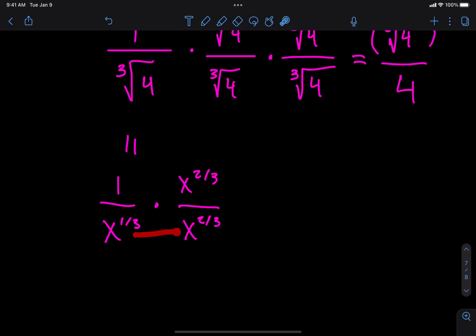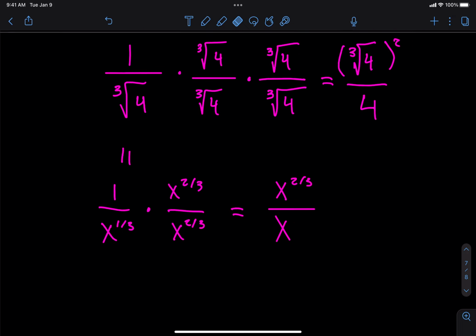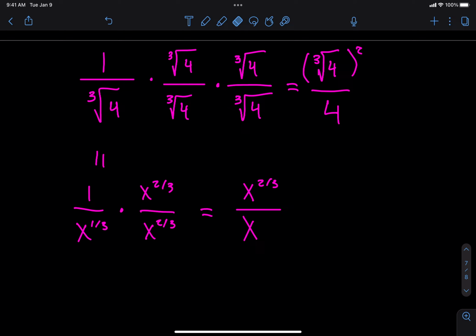Add or multiply? Add, right? Because I'm multiplying 2 different things with different powers. So I would get x to the 3/3 in the denominator, and then in the numerator I'd have x to the 2/3, right? And x to the 3/3 is nothing but x. So now I've rationalized the denominator. So I think I was kind of answering your question, Sully, but just in a little bit of different language. Okay, so we can always view nth roots as fractional powers, and vice versa.